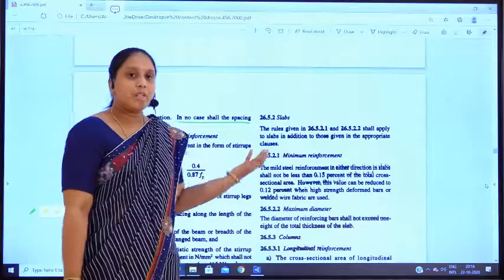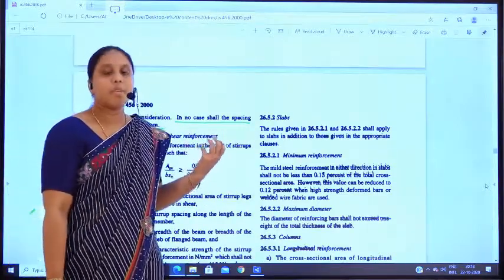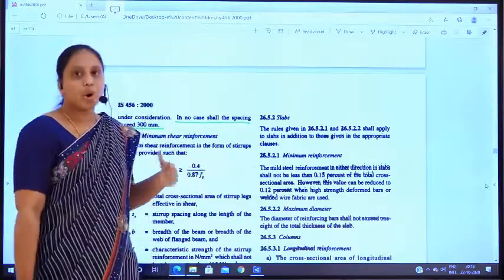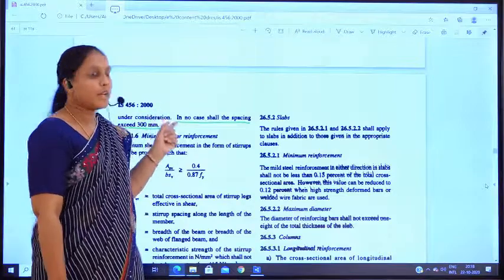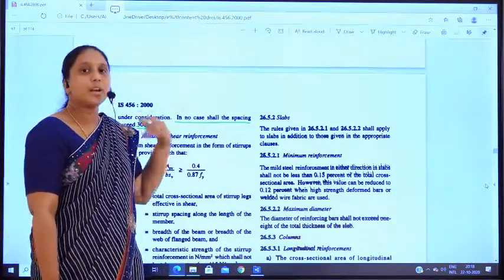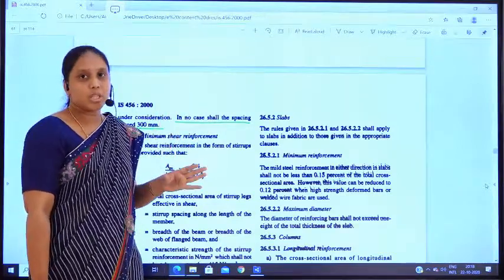So previously, from the design of shear reinforcement, we calculated the spacing. That spacing should not exceed 0.75 D or 300 mm, whichever is less. We have to take that value, and the value we are providing should not be more than this if we are using the vertical stirrups.